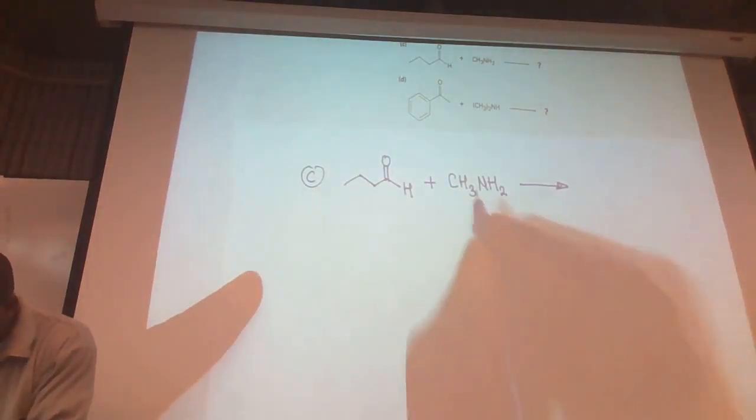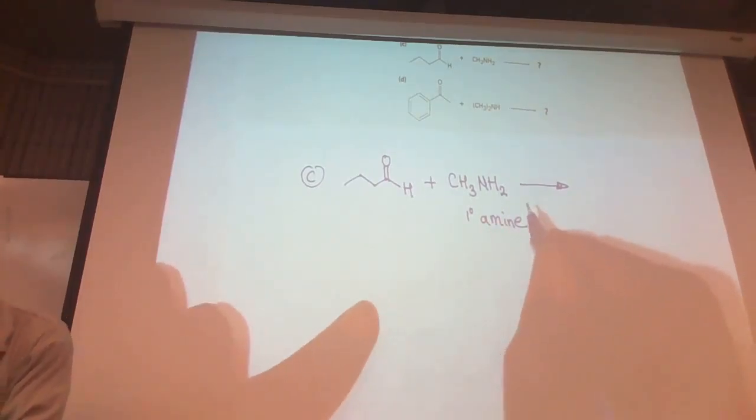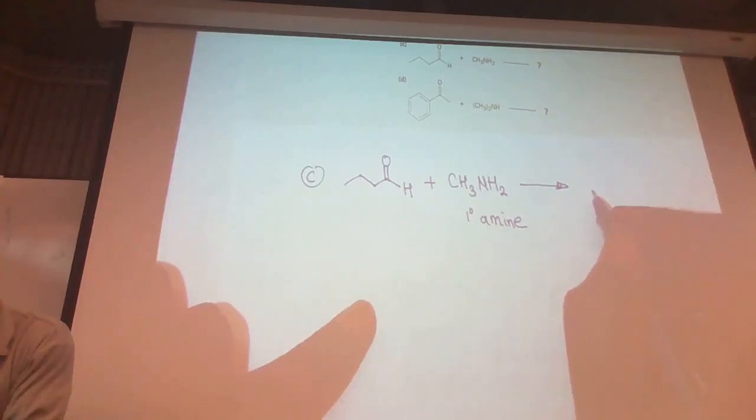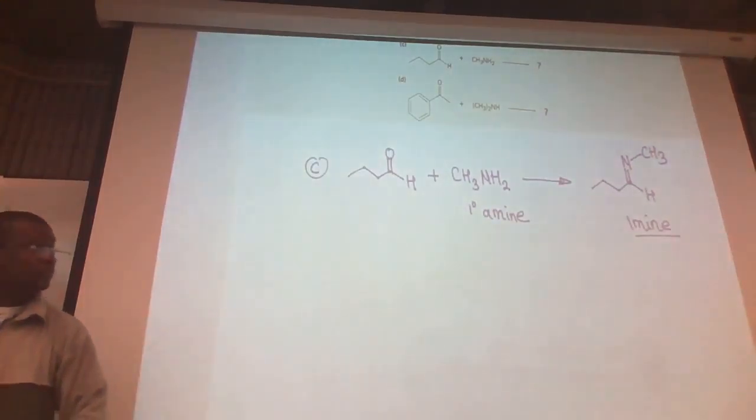Okay, so this is a primary amine. So with an aldehyde or ketone, it will be forming an imine.